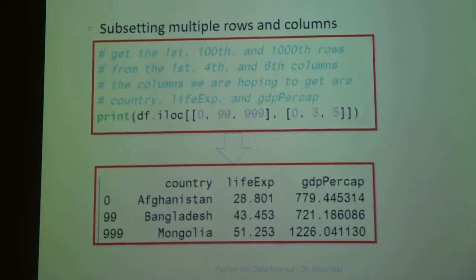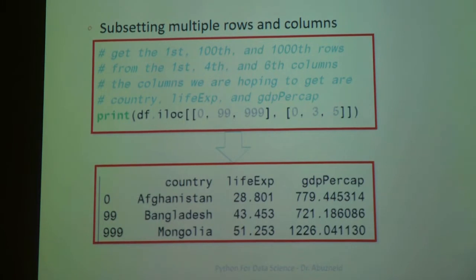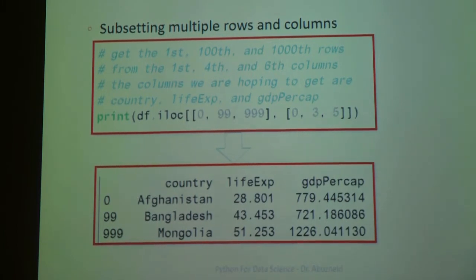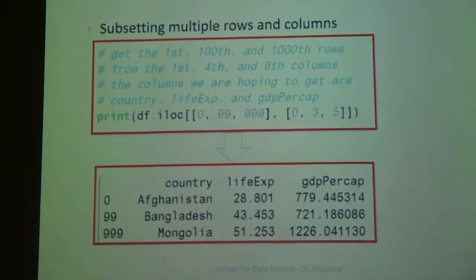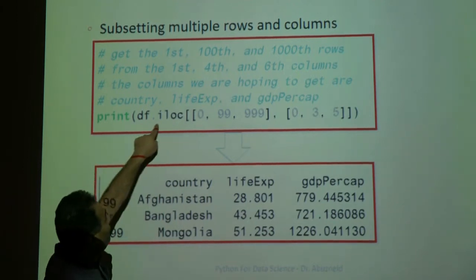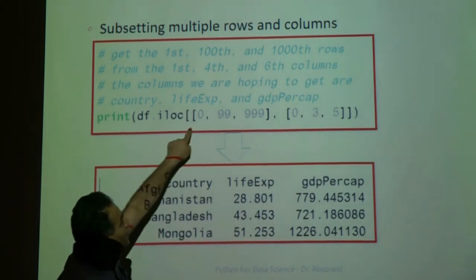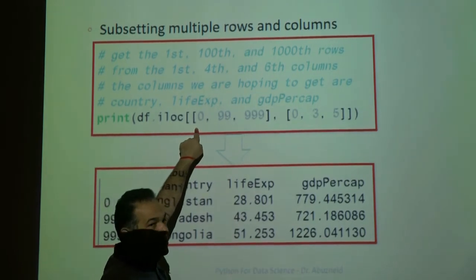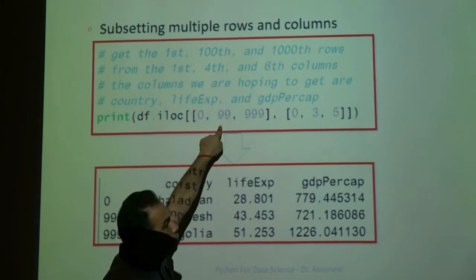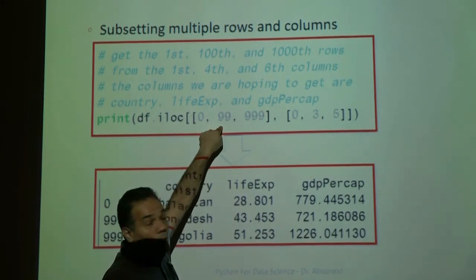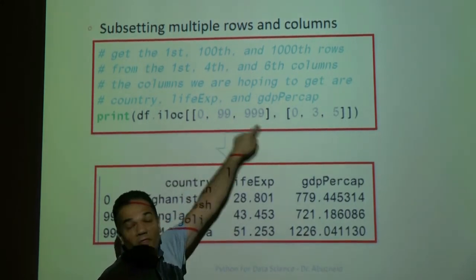Alright. So, subsetting multiple rows and columns. Remember in here what I said? You could have rows and columns. So in here, what I did was df iloc, and I need, how many rows am I going to print? 3, which are row 0, row 100, and 1000.